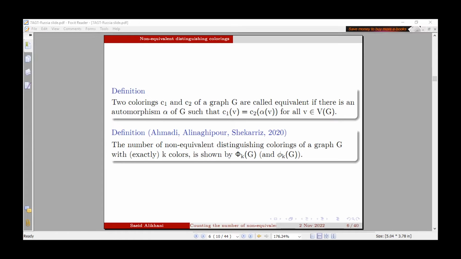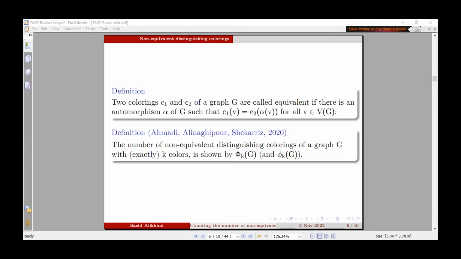Note that in elementary graph theory and in the coloring of graphs, when we study the chromatic number, for example, and proper coloring, suppose that we have lambda colors, and we can ask in how many ways we can color the graph G with lambda colors.